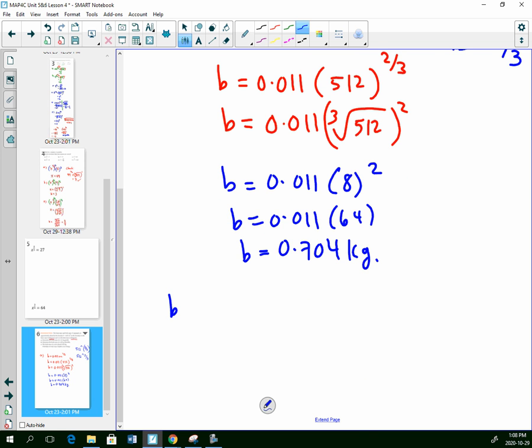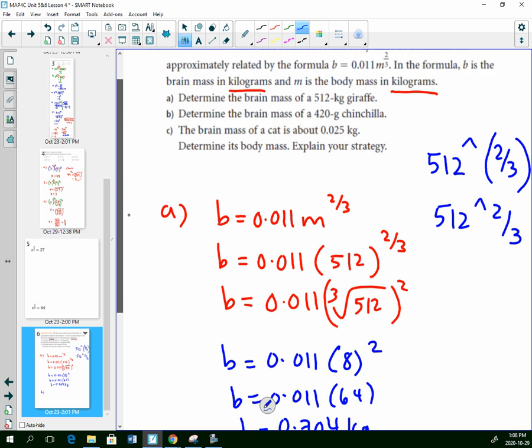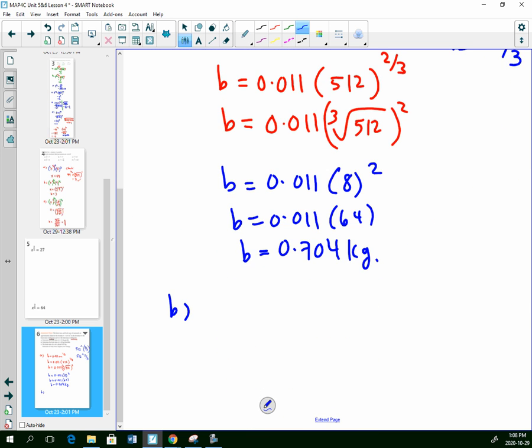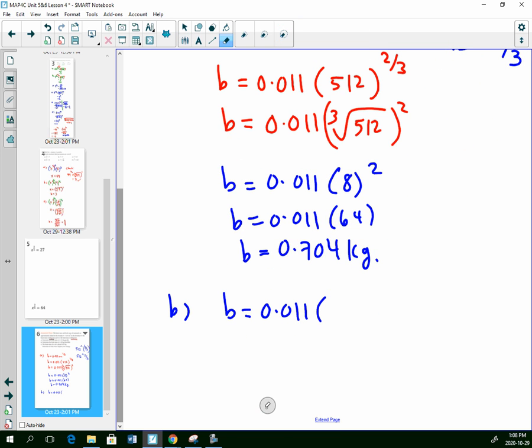Okay, B says, determine the brain mass of a 420 gram chinchilla. Does it say chinchilla? Yep. So same formula. But you will notice that the mass is given in grams, but my formula is in kilograms.